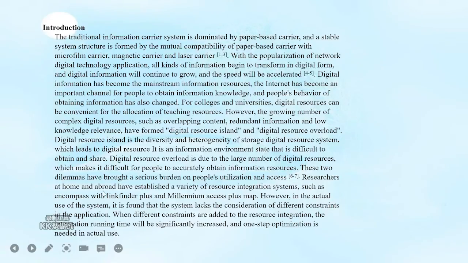Researchers at home and abroad have established a variety of resource integration systems, such as Encompass with LinkFinder Plus and Millennium Access Plus Map.